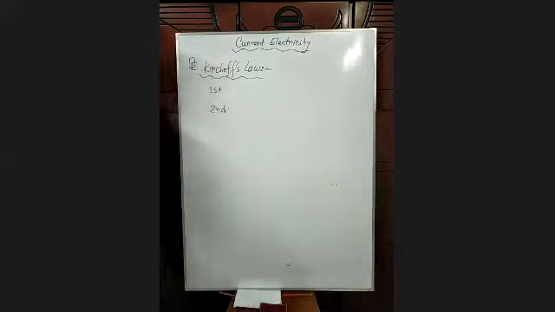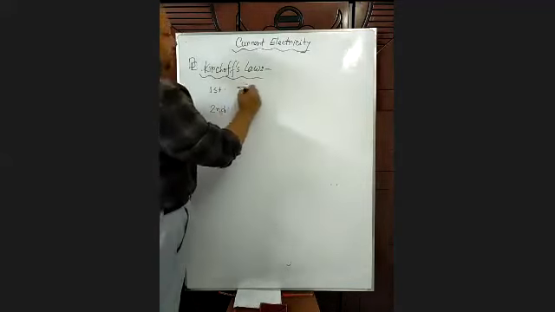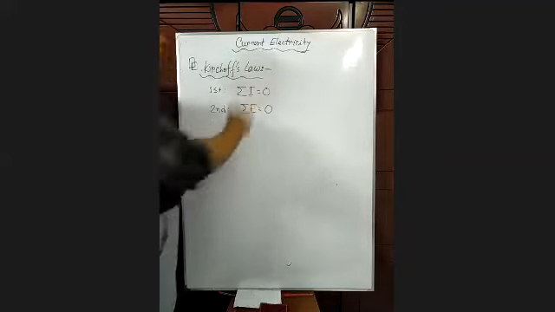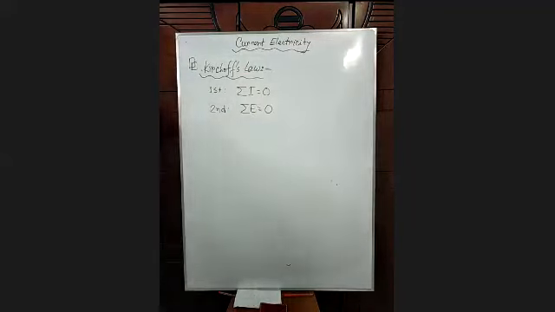Kirchhoff's law has, in fact, 2 laws, the first and the second. And the laws are very easy. We know both the quantities here. If I say I, it is current. If I say E, it is electromotive force.